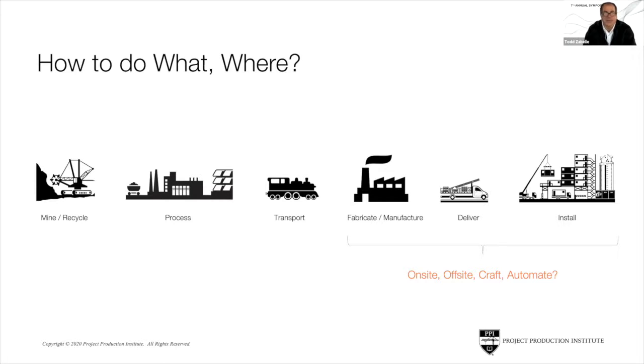All this has been fragmented out, and there are many players. Of course, there are people that make steel. There are people that fabricate steel to make steel members. There's another company that delivers it. There are people that erect it. And so many players in the value chain, if you will.